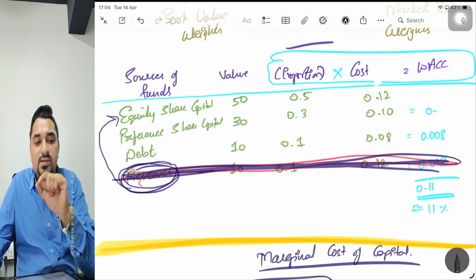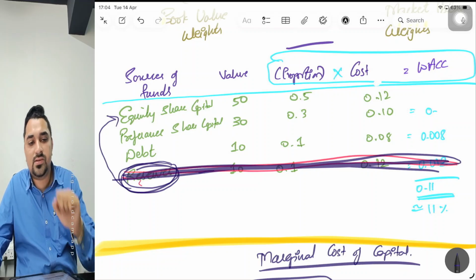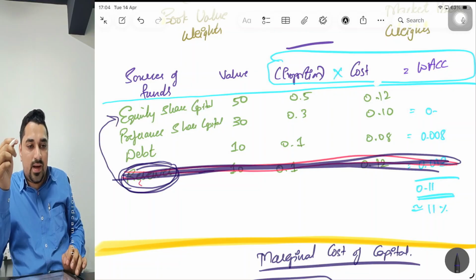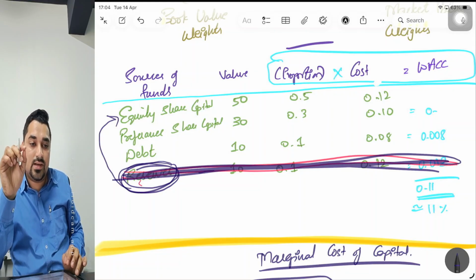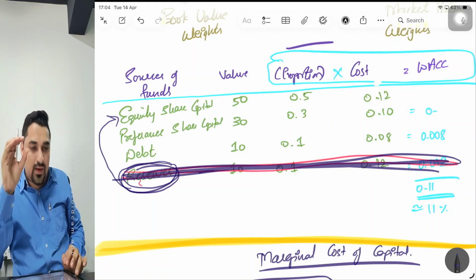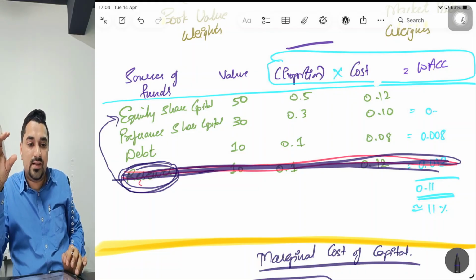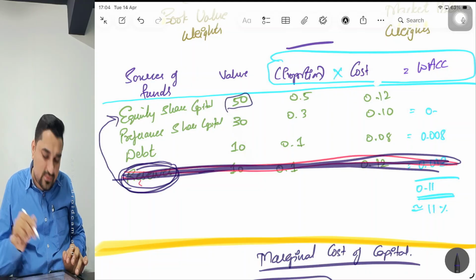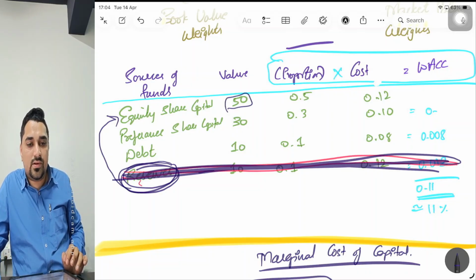I repeat, why reserves is not considered while taking market value as weights in WACC calculation is because whatever value addition is created by your retained earnings, your reserves, it is already reflected in the market value of your equity shares. Because of this reason, I'll not consider reserves as a separate cost component.